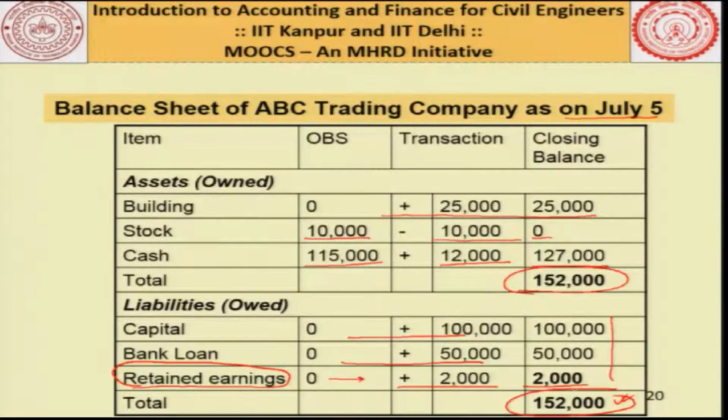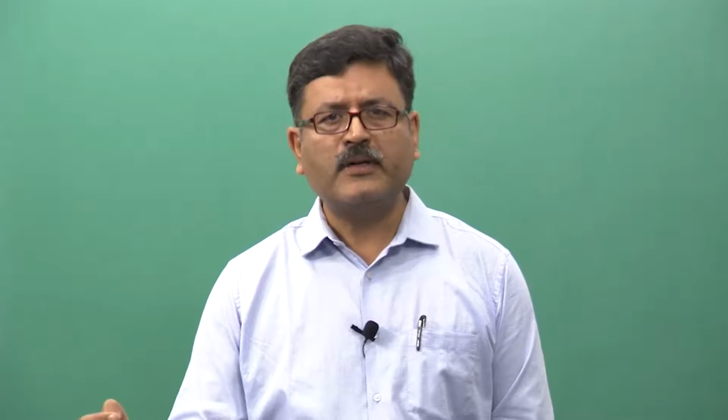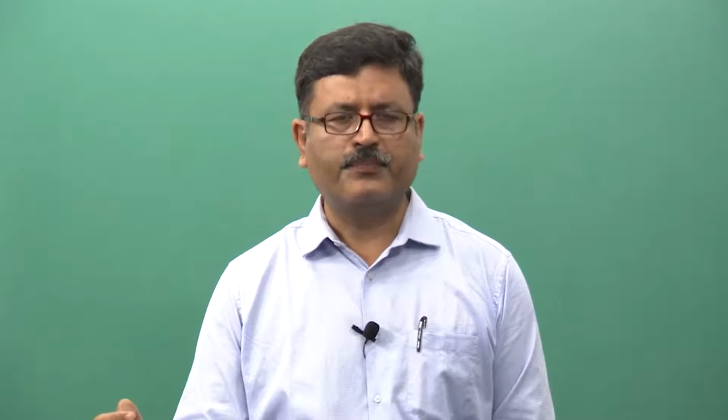Now one thing which may be looking very odd to you is how come this profit is getting under liabilities? Now remember, for whom you are maintaining the account? You are maintaining the account for ABC Trading Company. Who had supplied you the capital? Mr. David had supplied you the capital. Who had given you the loan? Some bank had given you the loan, right?